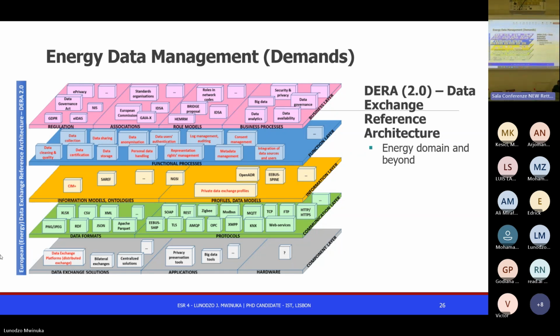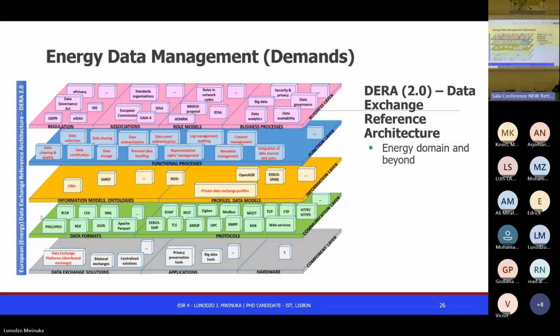well. But at the component layer, in terms of data exchange solutions, there is a huge insistence on data exchange platforms that are looking at distributed data storage. So that's what we literally need, because now data sources are expanding almost everywhere. And these exchanges should support bilateral data exchange.